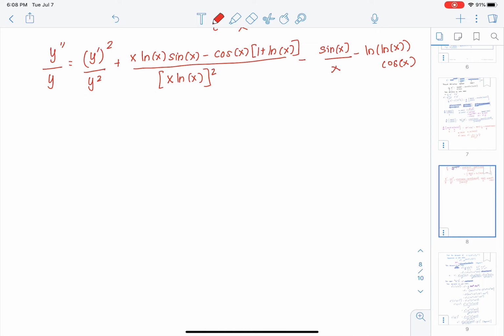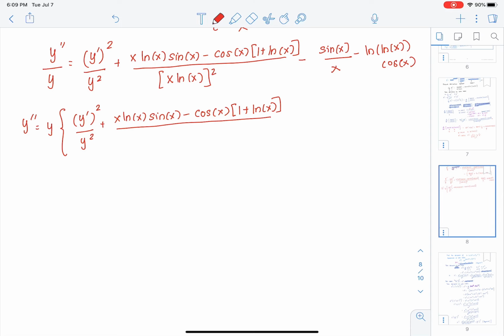and multiply by y on both sides. So the second derivative is y multiplied by that huge term: y prime squared over y squared plus x ln of x sine x minus cosine x times 1 plus ln of x divided by x ln of x squared, minus sine x over x minus ln of x times cosine of x.